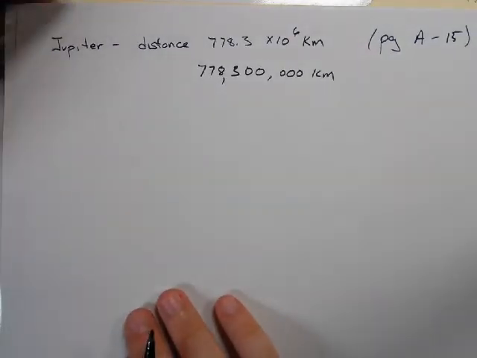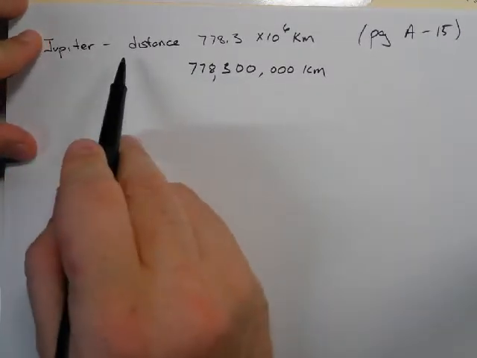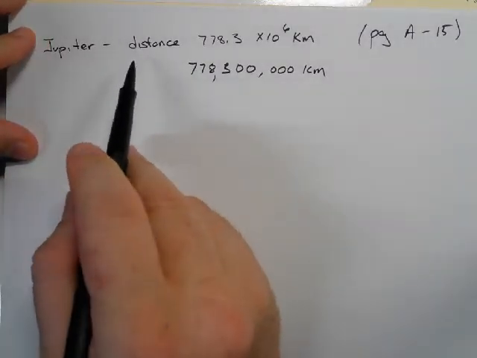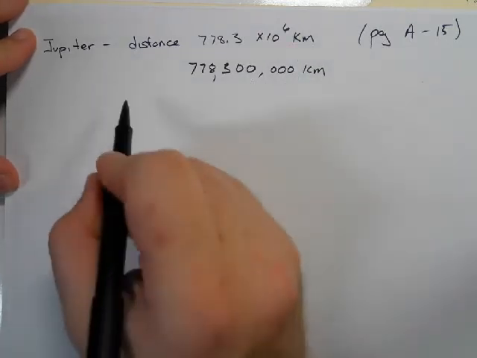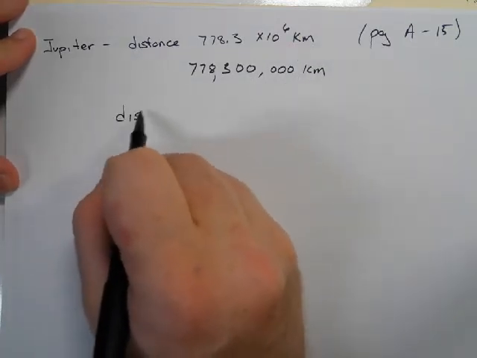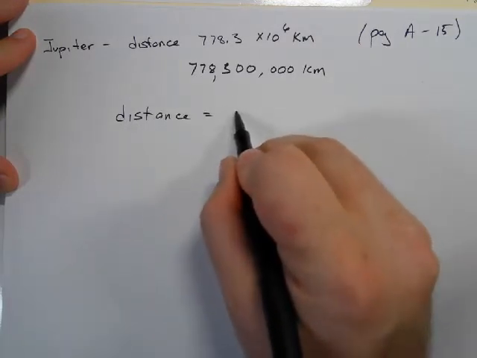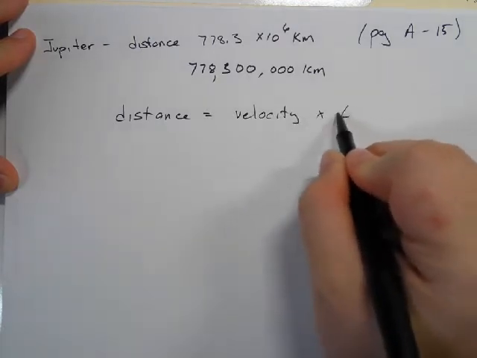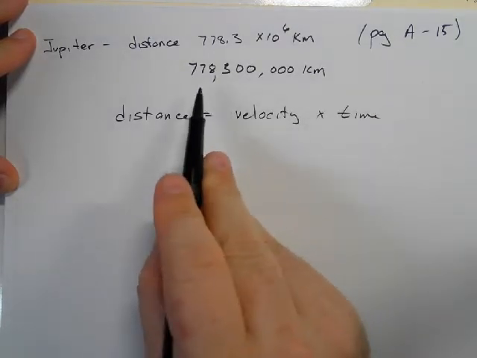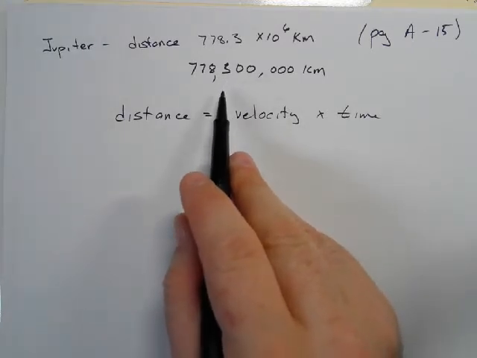Now, the other bit that we need is, when we're talking about light traveling, the distance that it's going to travel, and we can just do distance equals velocity times time. So the other bit we need is the speed of light as it travels.